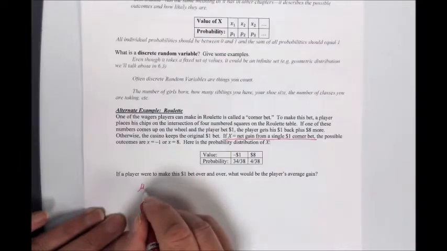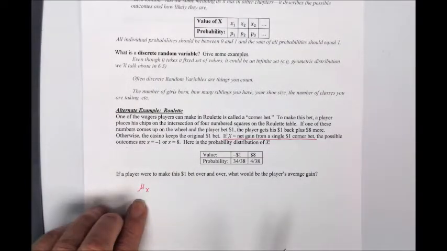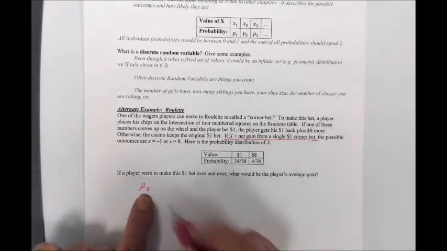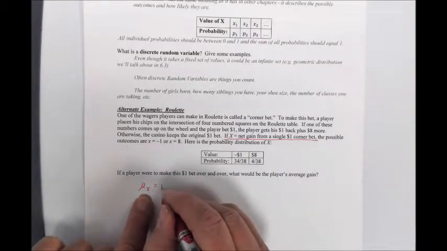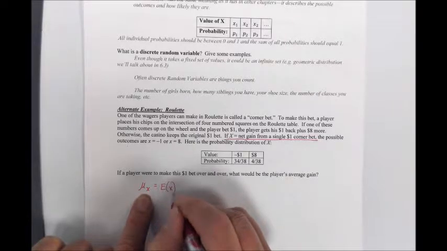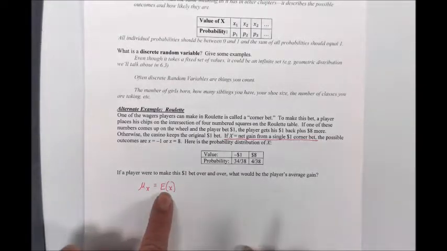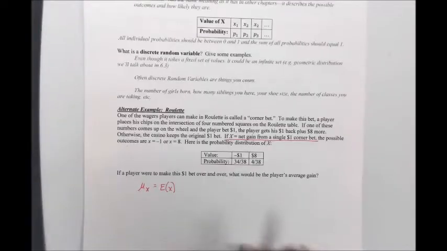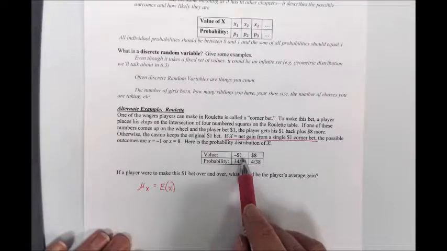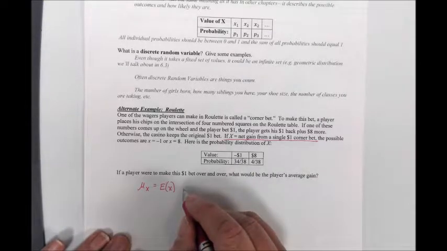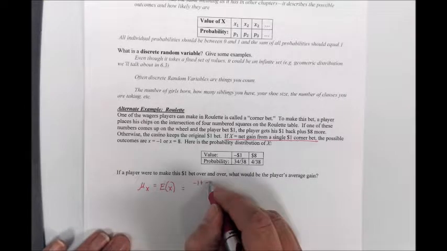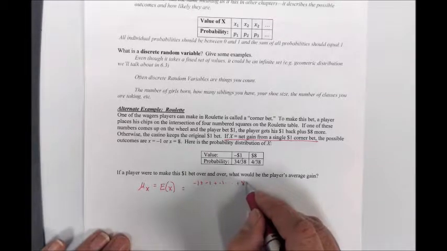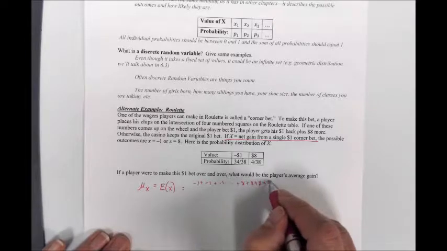This is called the mean, mu for the mean of the random variable X. We might also see it written as the expected value, and you'll see this on the next page. I would simply add -1 plus -1 plus -1, 34 times, and then plus 8 plus 8 plus 8 plus 8, all over 38.